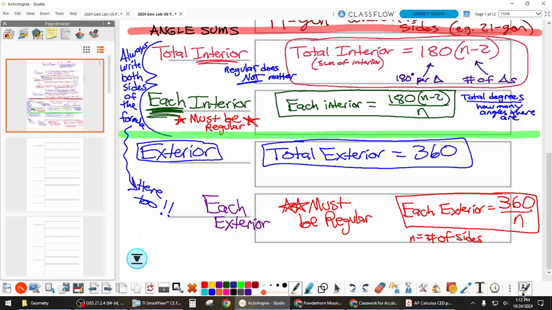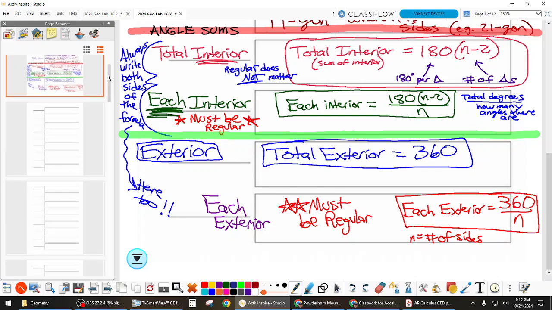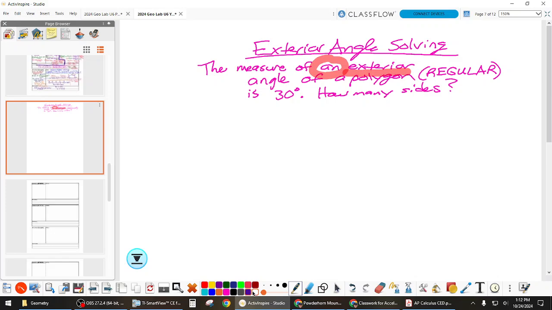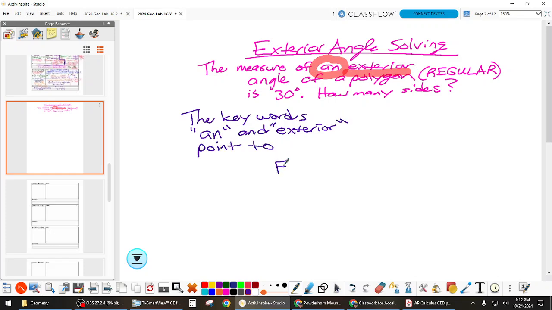I don't like scrolling as much. There we go. So the keywords one and exterior point towards that formula.